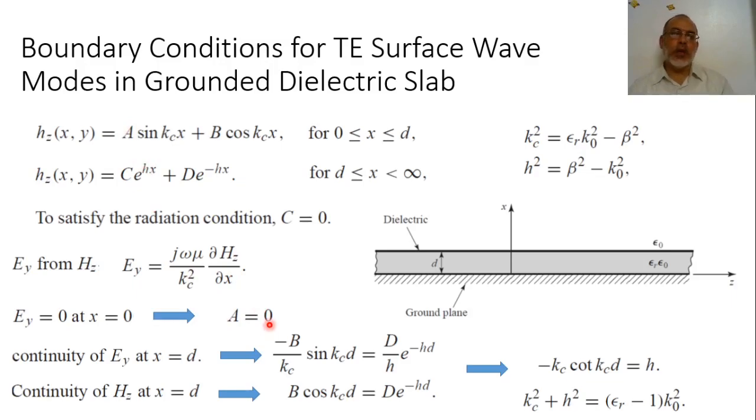And in a similar way to the transverse magnetic case, we are going to apply the radiation condition that the magnetic field at x equals infinity should be finite or 0. So in this case, the exponential term e to the power positive hx must be multiplied by 0, so the coefficient c would be 0.